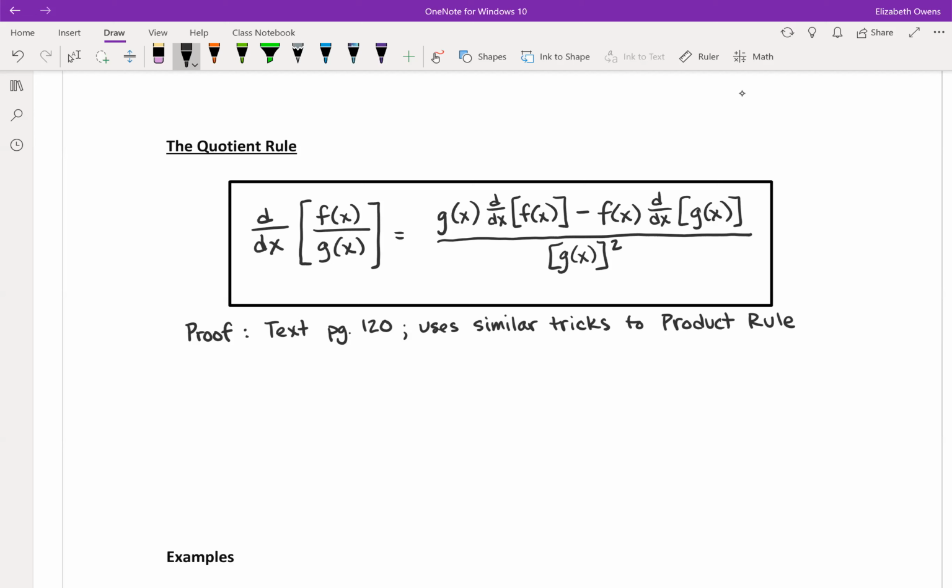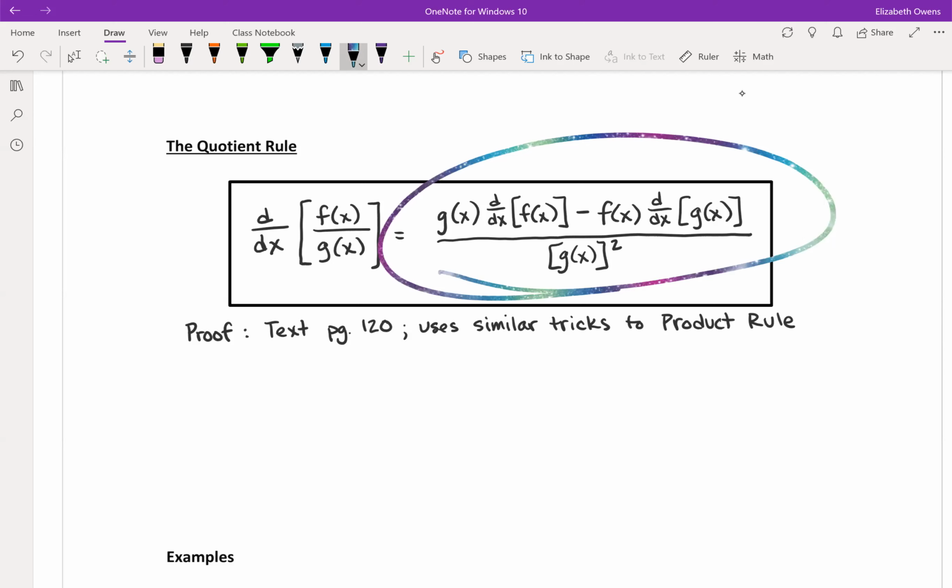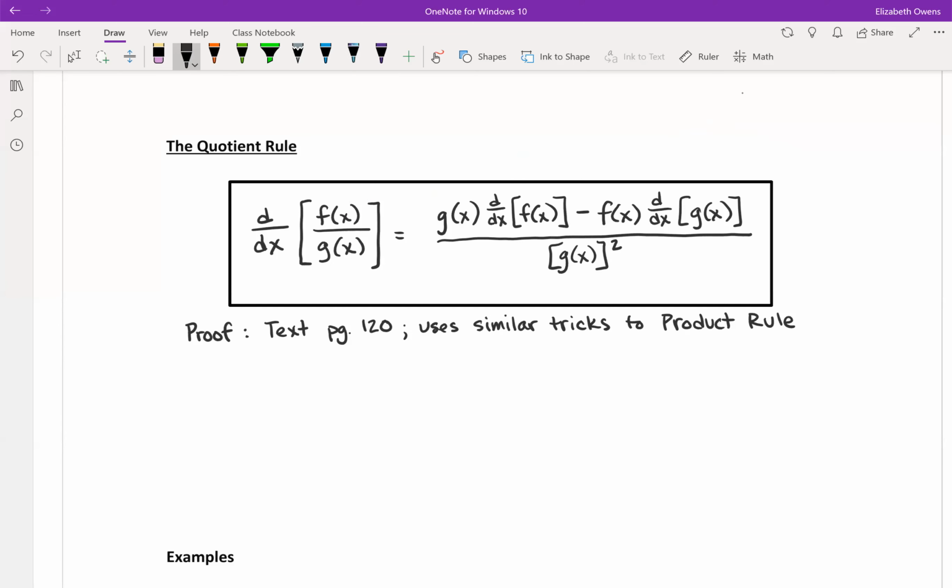But this quotient rule, you are going to need to memorize this expression right here. And there are some different ways to do this. One of the most common ones that I've heard is this sentence right here.